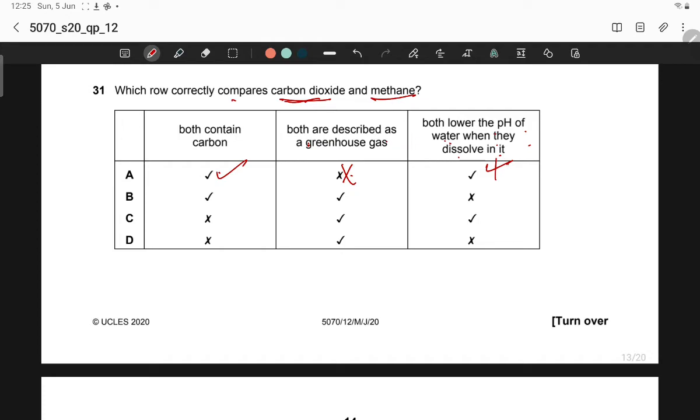Carbon dioxide lowers the pH while methane is a neutral gas. So B, both contain carbon, both are described as greenhouse gas, and both do not lower the pH of water when they dissolve in it. This is correct. B option is correct.